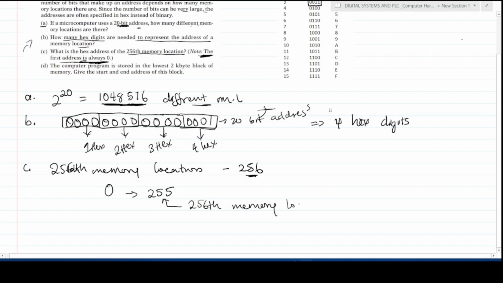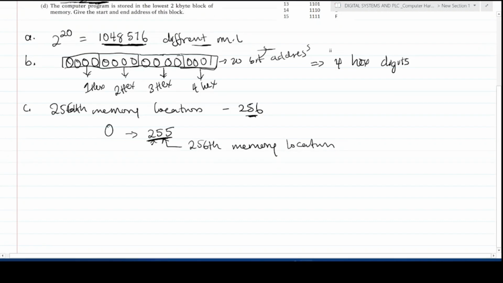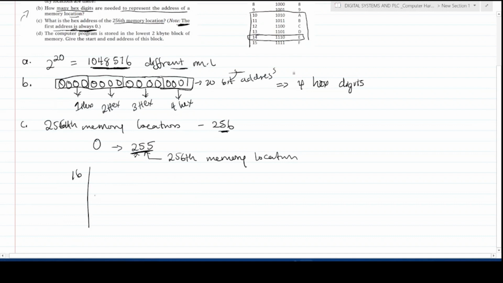So what is it now asking? It's asking what's the hex address of this 256th memory location. And we know the value of the 256th memory location, so we only have to convert this value to hex. To convert 255 to hex, all you have to do is divide by 16, because 16 is the base for hex values. 255 divided by 16, we're going to have 15 remainder 15. 16 into 15, we're going to have 0 remainder 15.